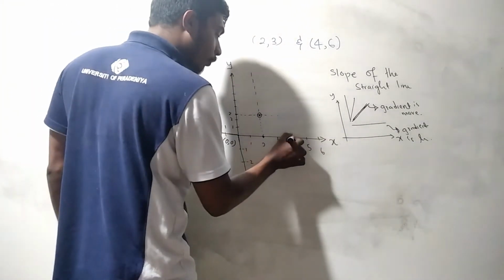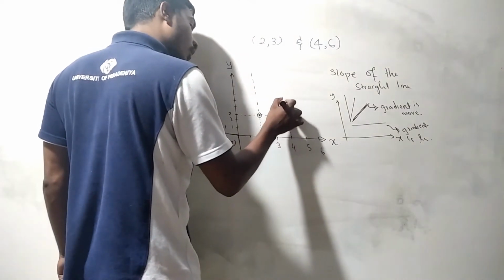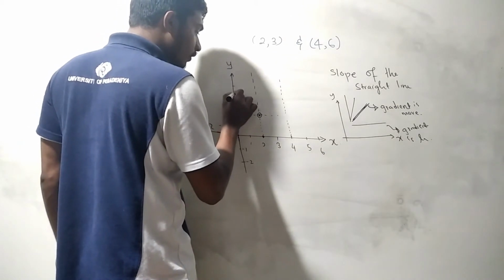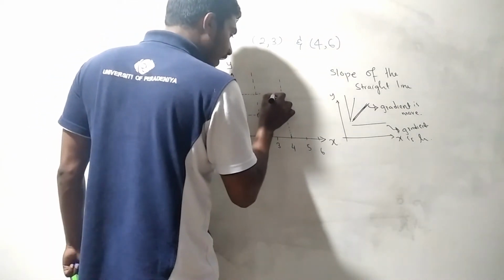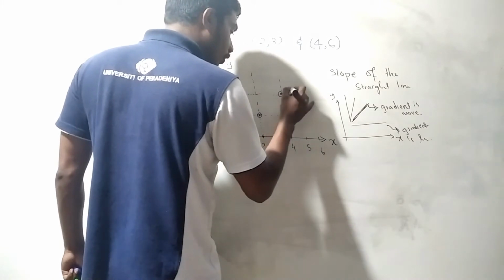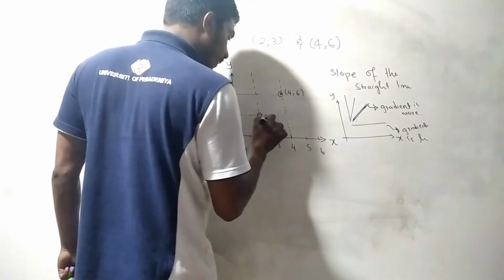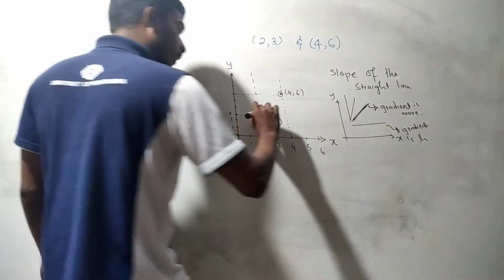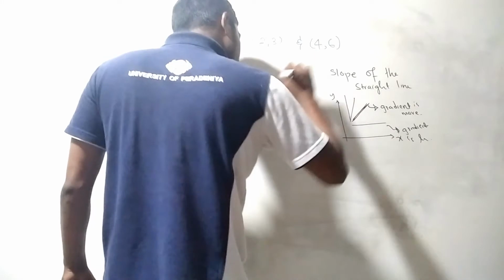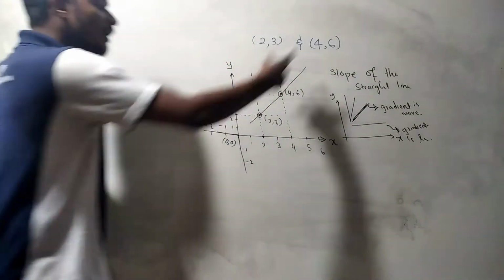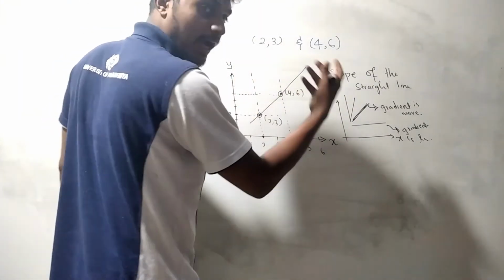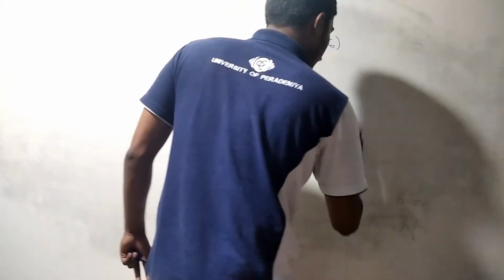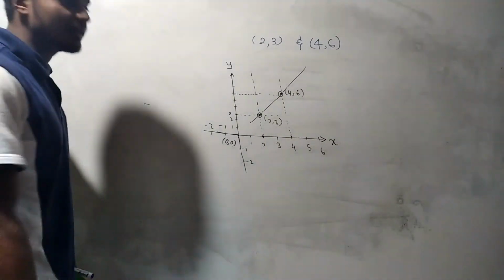Similarly, from 4 you drop a perpendicular upwards, and from 6 on the y-axis another, and where they meet is 4 comma 6. Now you just join these two points, and you have your line passing through 2 comma 3 and 4 comma 6.